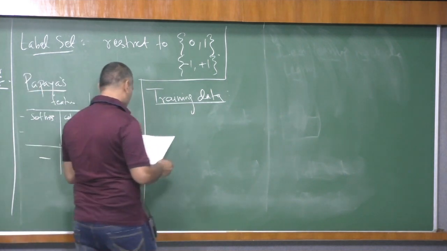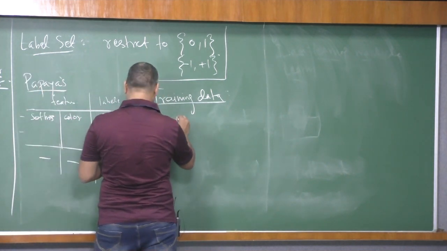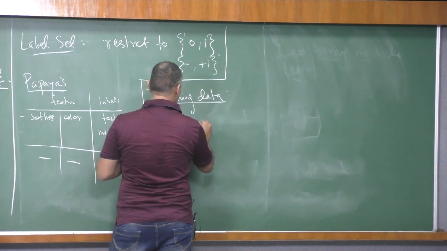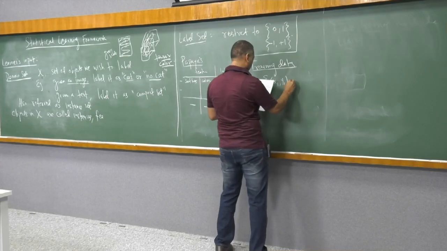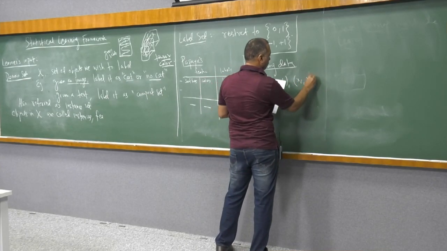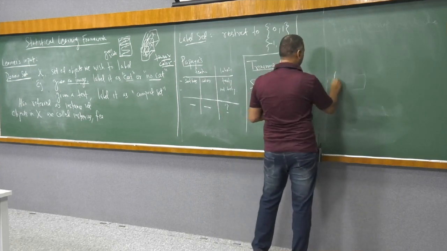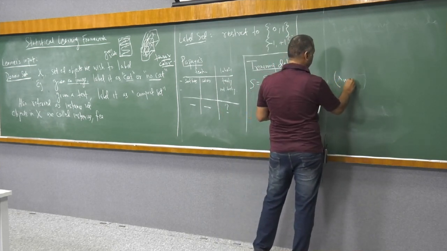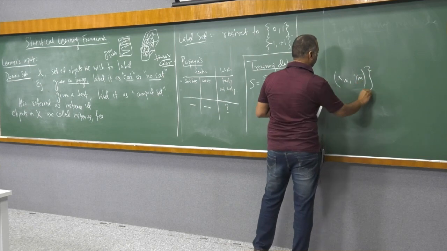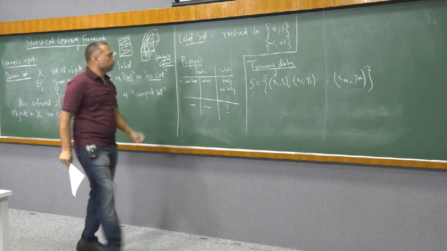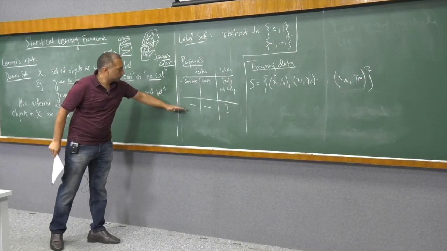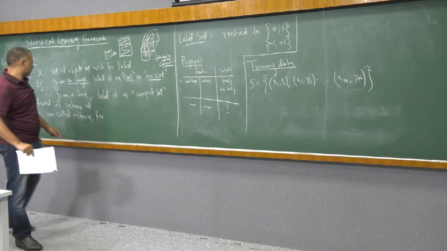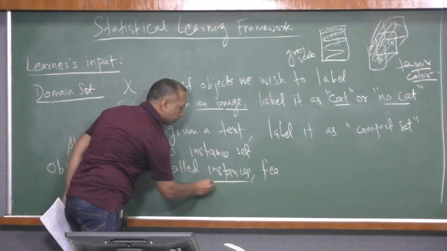Training data, we denote this as S, which is x1, y1, x2, y2, dot dot dot, xm, ym. Here m means how many samples I had, how many instances I had.